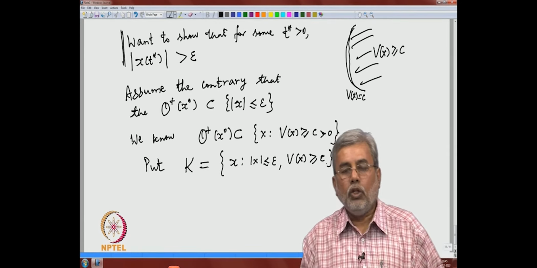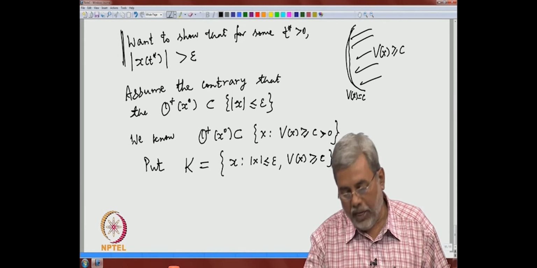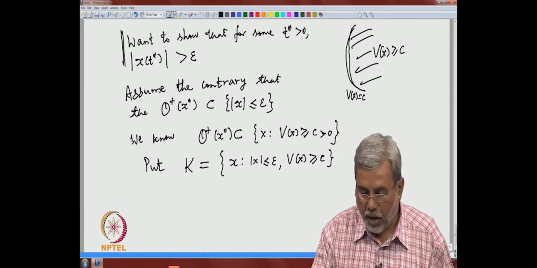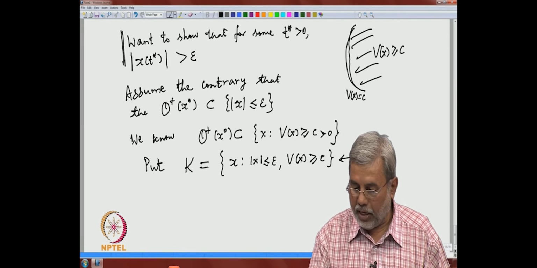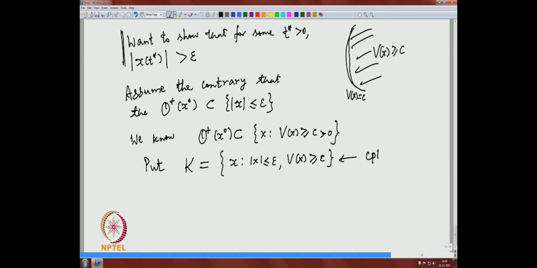Okay. So, by using continuity of V and the compactness of the epsilon ball, you see that this is a compact set, and the important thing is 0 does not belong to K, because V 0 is 0.